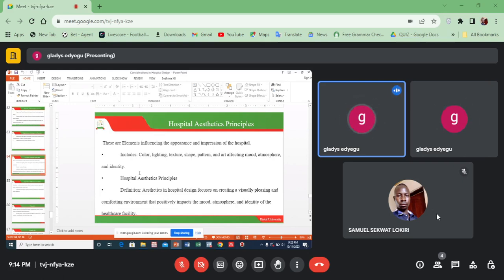And art affects mood. The mood will be affected by the art that you put around your hospital. It can either impress someone or depress someone. So art contributes a lot to the patient's mood when we are providing our services.